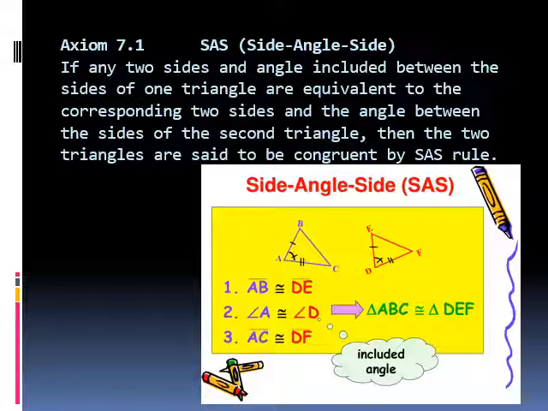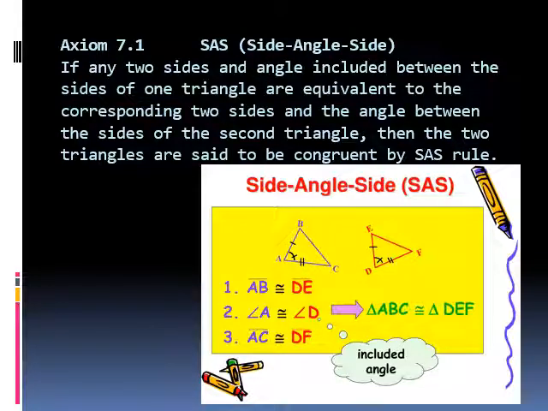So the rule is pretty simple: if you have two sides and an included angle equal to the second triangle's, then we can say both the triangles are congruent. It clearly shows we don't need 6 but only 3 parts of a triangle to be equal to the similar 3 parts of another triangle for congruence.